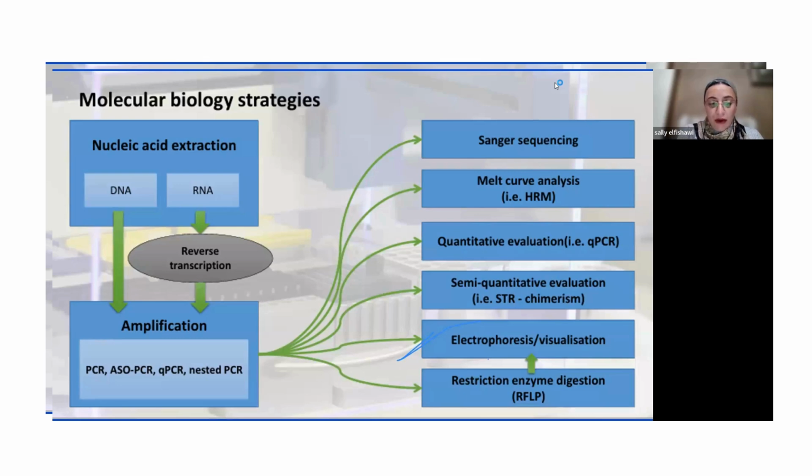Then with the amplification, we have all the categories that we mentioned: the conventional PCR, the ASO PCR, the quantitative PCR, the nested PCR. After the amplification, we have other modalities. We can go for Sanger sequencing, or high resolution melting curve analysis for differentiation of different alleles. We have electrophoresis visualization either by gel or by capillary electrophoresis in the fragment analysis.